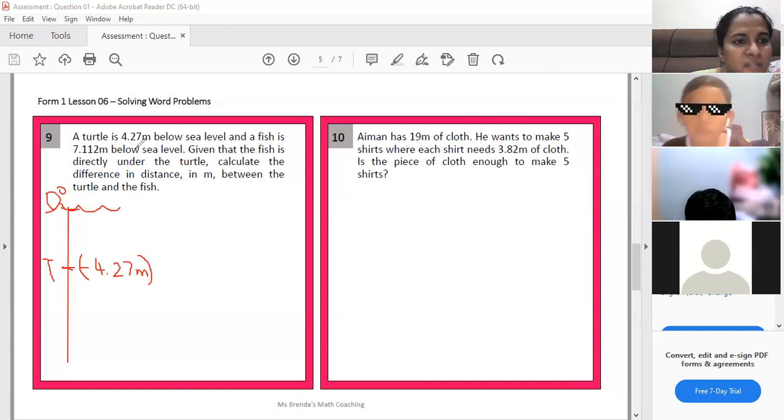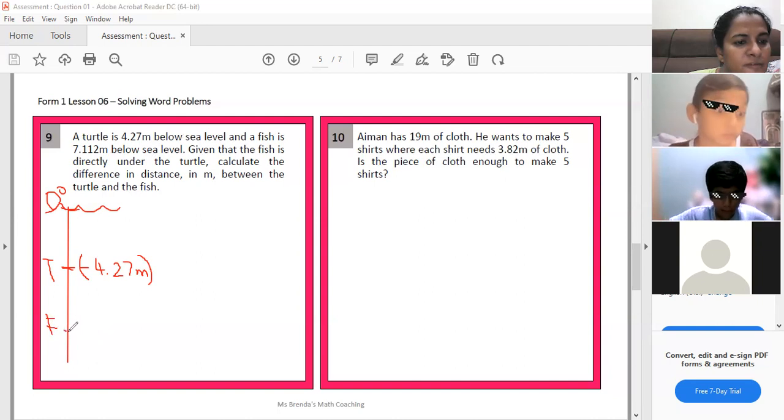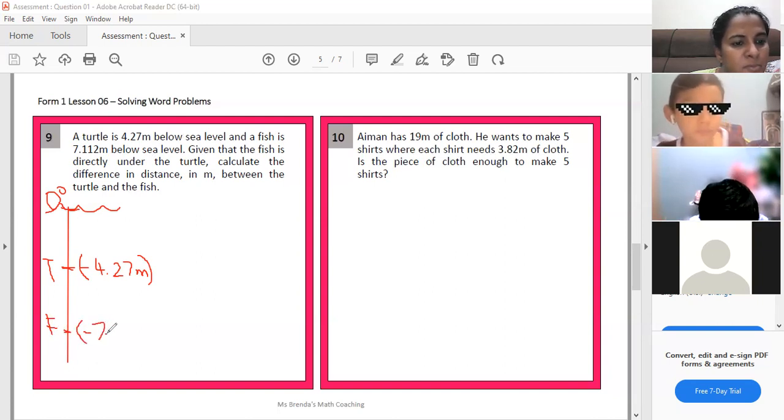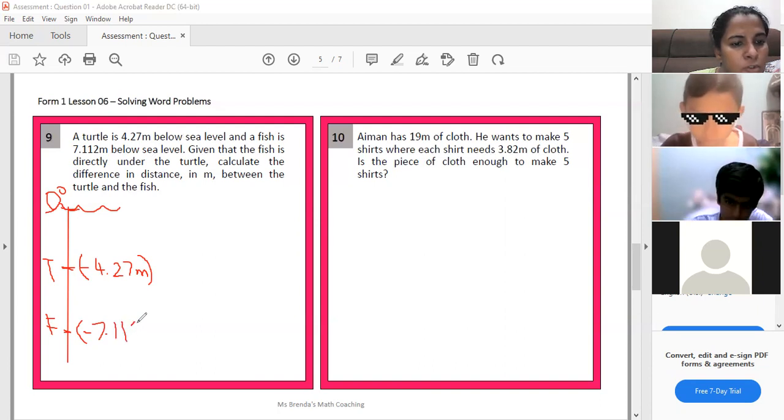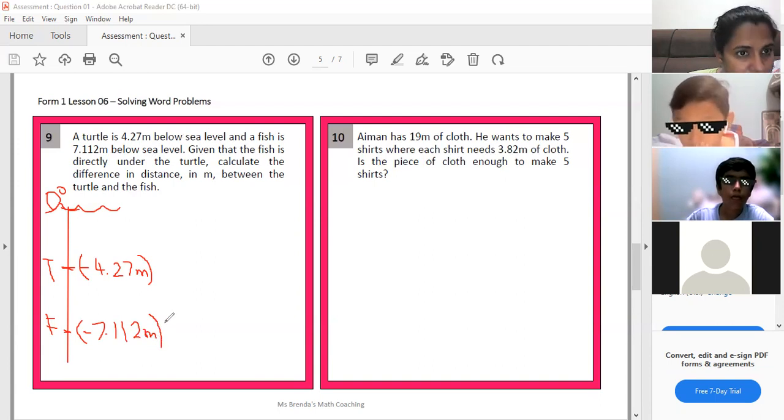Given that the fish is 7.112 below sea level, and this is the fish. The fish pula is at negative 7.112 meters below sea level.